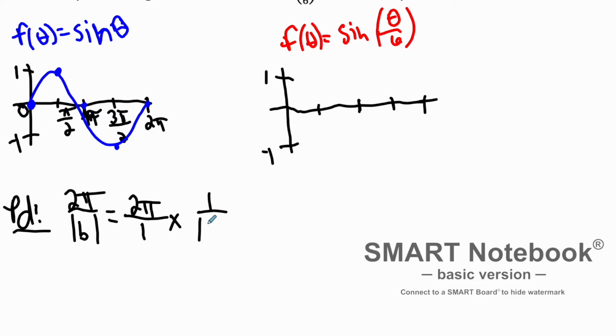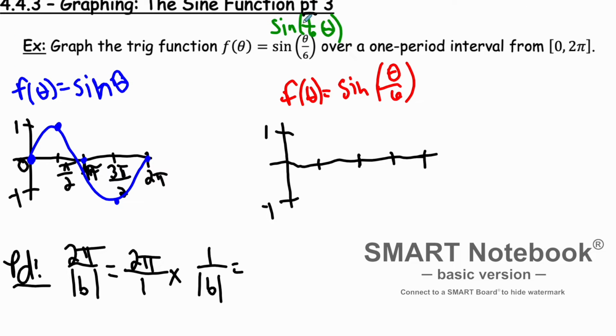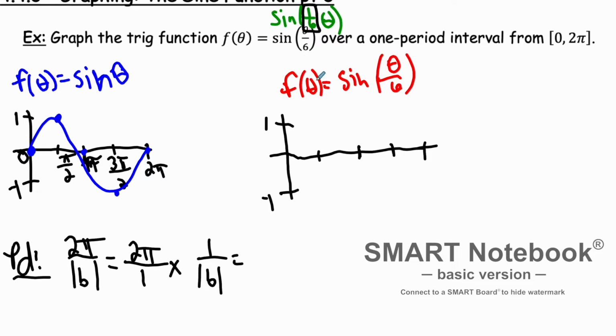So multiplying it by 1 over absolute value of b, which is just saying multiply by the reciprocal. So b in this problem is 1/6. So think in your head, what's the reciprocal of 1 over 6? What do we get if we flip that fraction? Well, we're going to get 6 over 1.